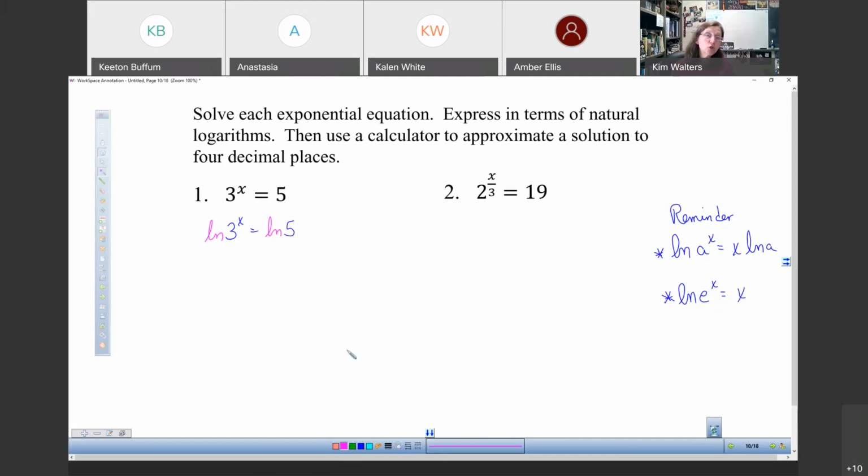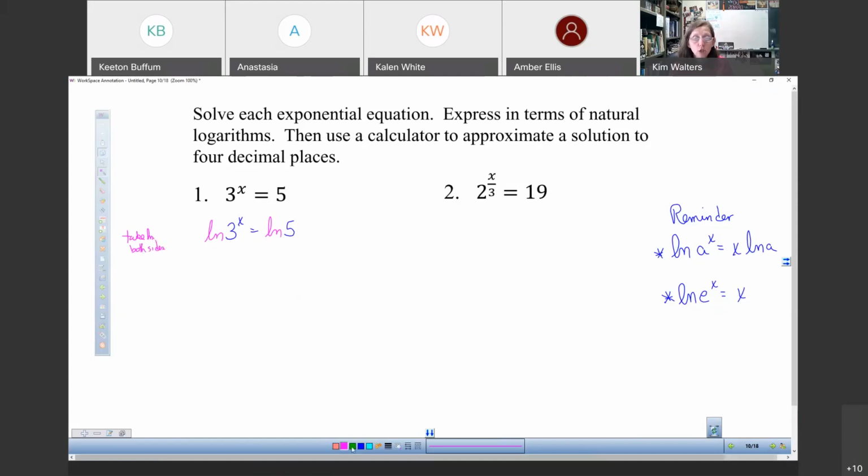And we're using a natural log because it will go in the calculator easy. You could use log base 3, log base 10, you could use log base 5. It doesn't matter. We're using the natural log because it's super easy to go into the calculator. So take the natural log on both sides. That's our directions here, okay?